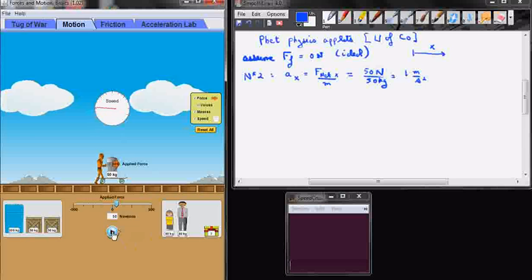Okay, so to pretty good approximation, I know from the kinematic equations that if the box's acceleration, the trash can's acceleration, is 1 meter per second squared, then at t equal to 5 seconds, v of x is going to be 5 meters per second.